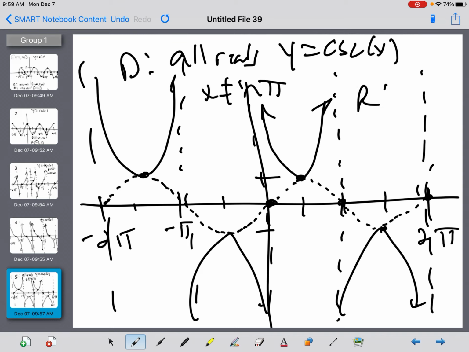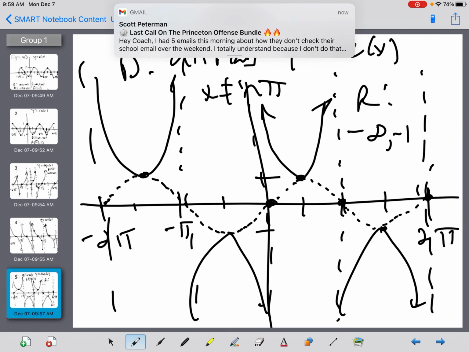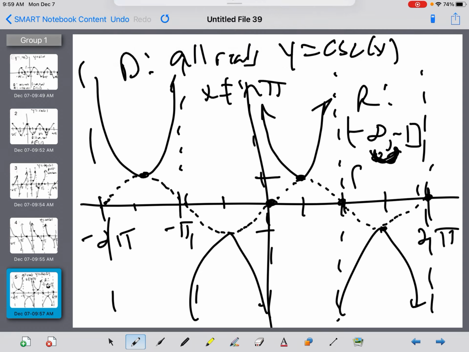Okay, range, it's greater than or equal to 1. So it goes from negative infinity to negative 1, inclusive, or, which we use this union symbol, from positive 1 to positive infinity, just like that. And I'll give you a copy of this.